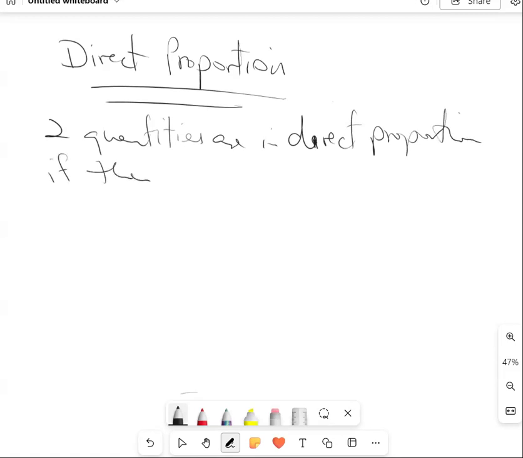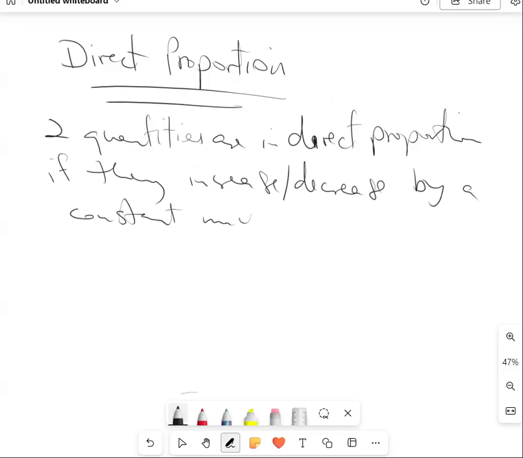if they increase or decrease, it doesn't have to be increase, by a constant multiplier. Right? What do I mean here?